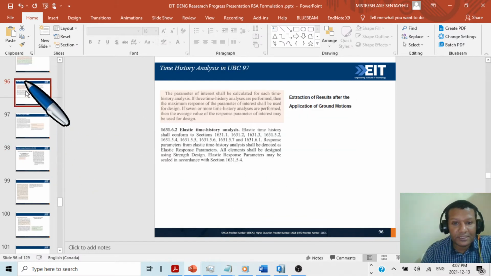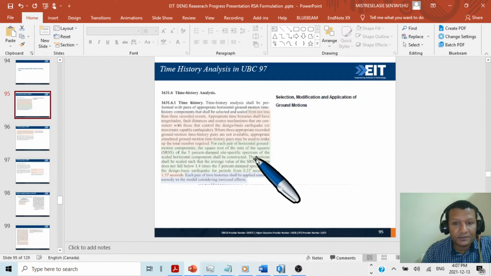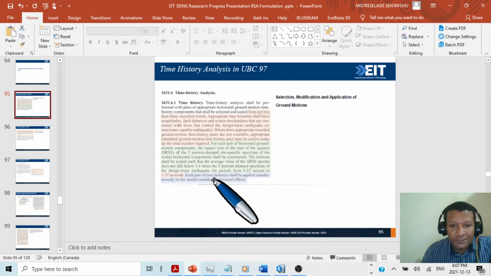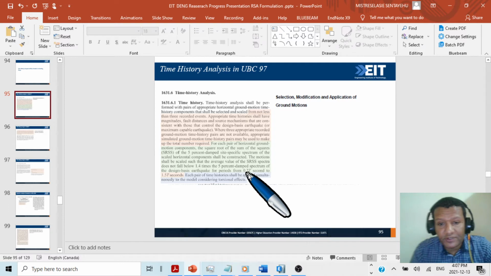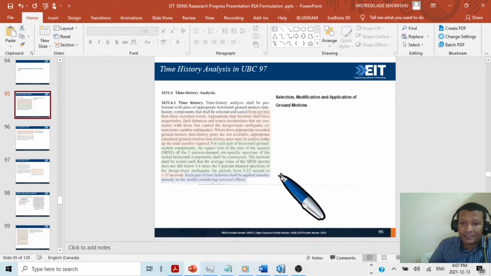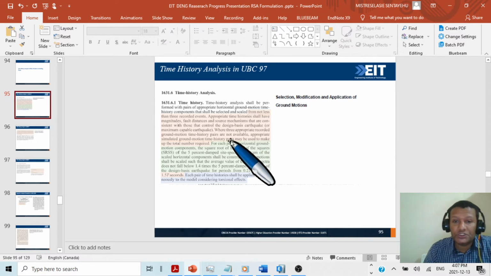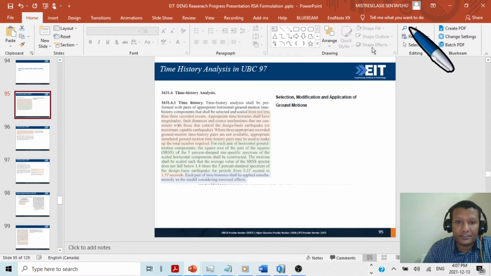As you can see, UBC 97, when we match it, the period from 0.2 second to 1.5 second should not be lower than 1.4 times the 5% damping spectrum. We already have the design spectrum, so I will show you in a minute how to match in SeismoMatch and in our ETABS.